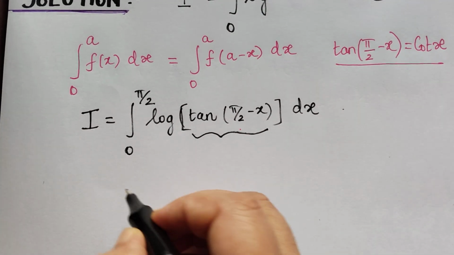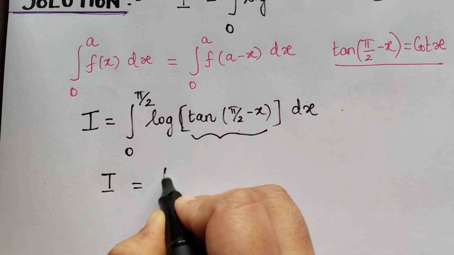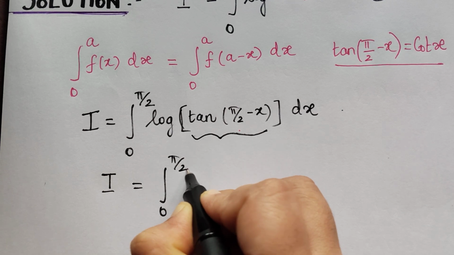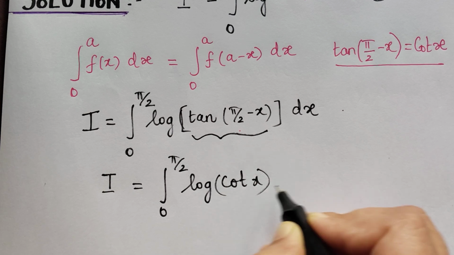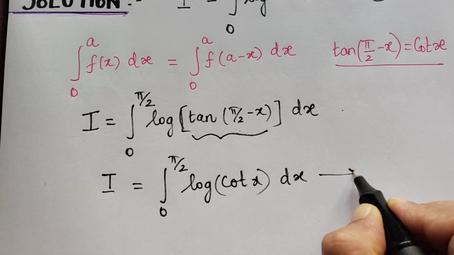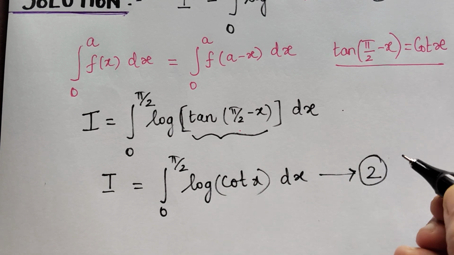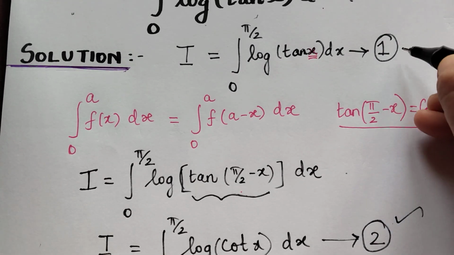So we get the integral I to be equal to the integral from 0 to pi by 2 of logarithm of cot x dx, and let us mark this as equation 2. Now we can add equation 1 and equation 2.